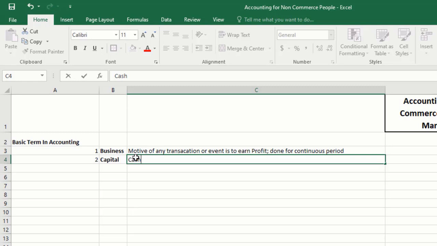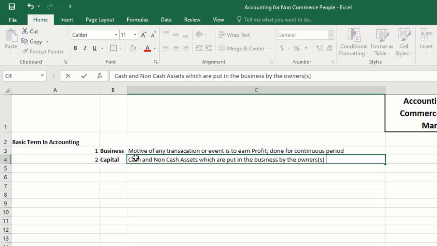So we call it cash and non-cash assets, which are put in the business. I will use simple English, otherwise n number of jargons can be there in the books. Which are put in the business by the owner, or maybe owners.